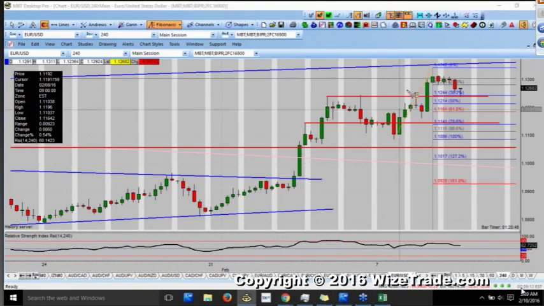If we break through here, why did we break through there? Well, we broke through there because Janet Yellen was extremely hawkish during her testimony. And if she is, then you have to imagine the dollar is probably going to get a squeeze. That means the euro dollar is probably going to get a little long liquidation here. And so I would assume that we'll drop.